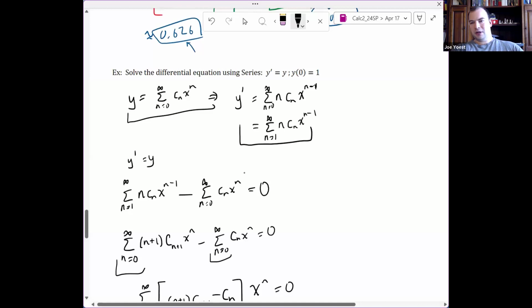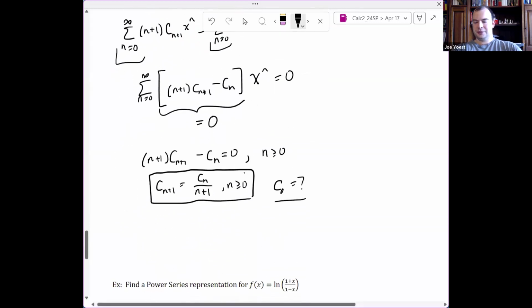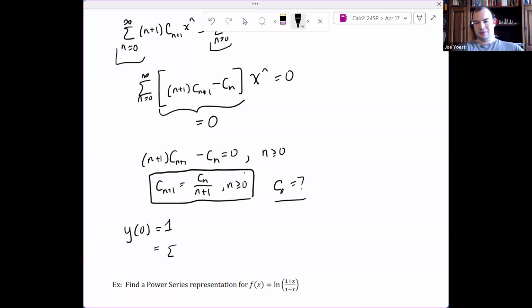Well, I know that I have one more constraint that I haven't used. That's my initial condition, y of 0 equals 1. But y of 0 is just the sum n equals 0 to infinity of c_n times 0 to the n.